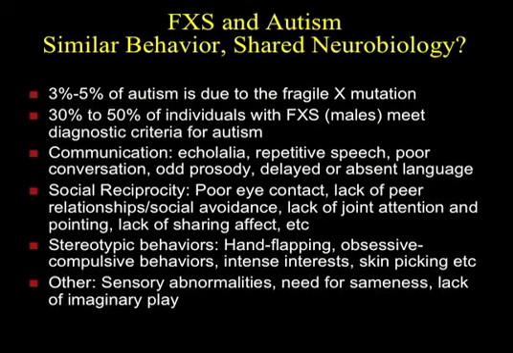In terms of reciprocal social interaction, we see poor eye contact, lack of peer relationships and avoidance, problems with joint attention, lack of pointing, many of the classic things you see in people with idiopathic autism. Individuals with Fragile X, even if they don't have full autism, often have lots of stereotypic behaviors like hand flapping or obsessive compulsive behaviors, intense interests, and so on.